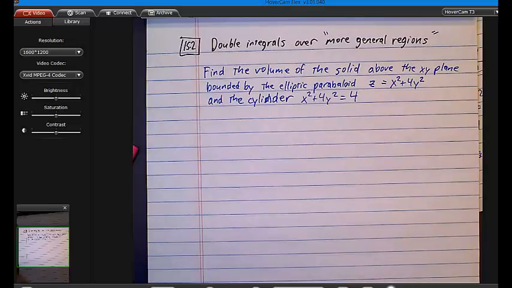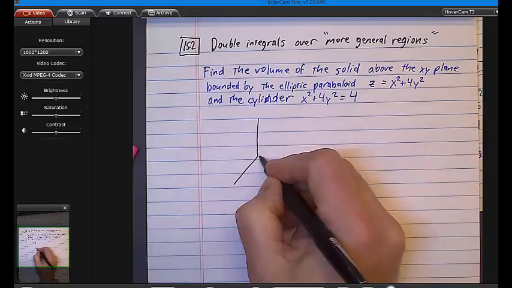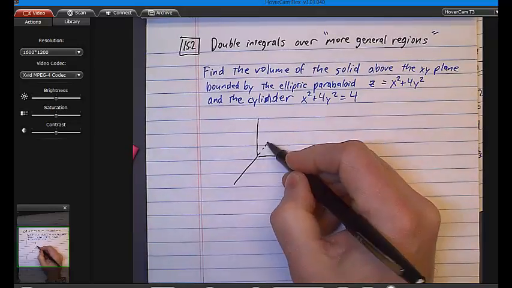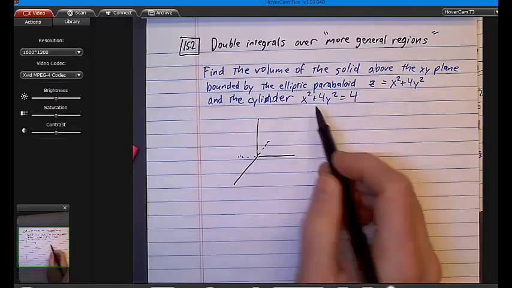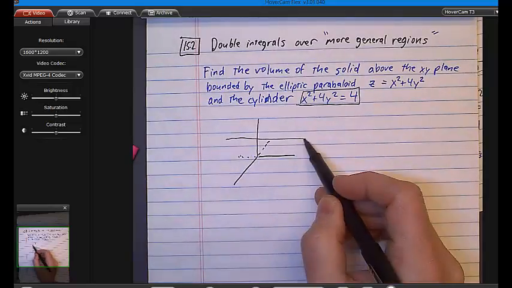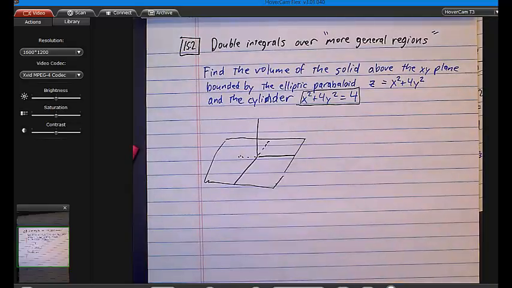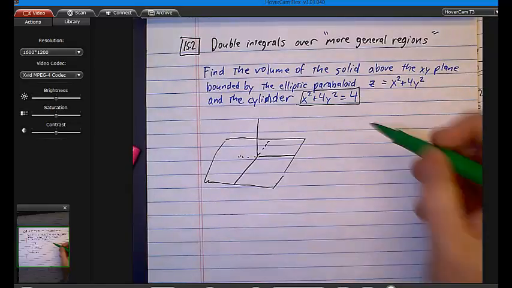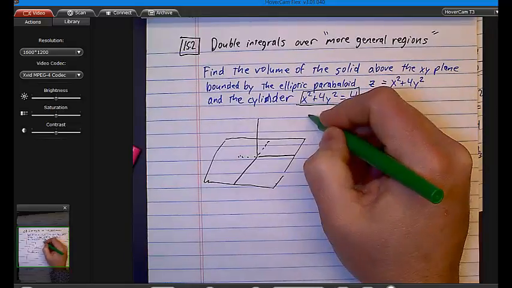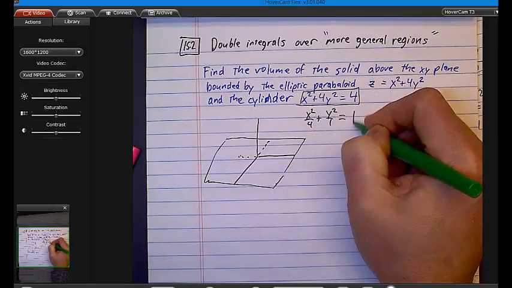Let's try to get some kind of an idea of what this looks like. Well, maybe the first thing to comment on is that if I just think of what this equation looks like in the xy plane, what shape is this thing? It's an ellipse, right? If you divide everything by 4, you get x squared over 4 plus y squared over 1 equals 1.